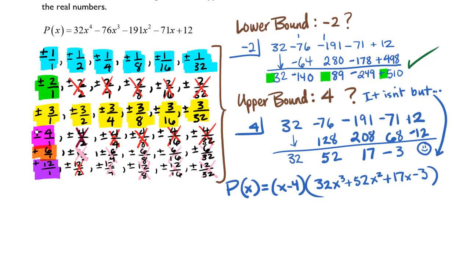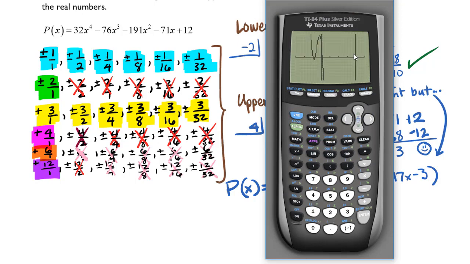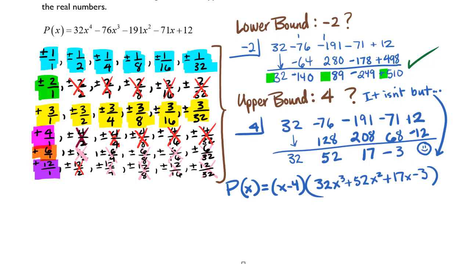So negative 6 is not an option, negative 4 is not an option, negative 3 is not an option. If I take a glance at my graph, I can see that 4 was clearly a possibility. It also looks like negative 1 might be one of the roots. So let's see if we can show that negative 1 is also a 0 of the polynomial.